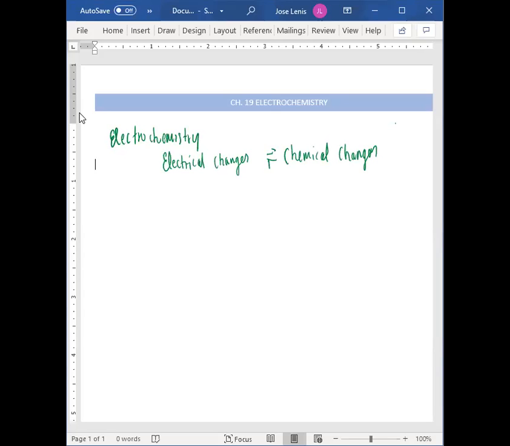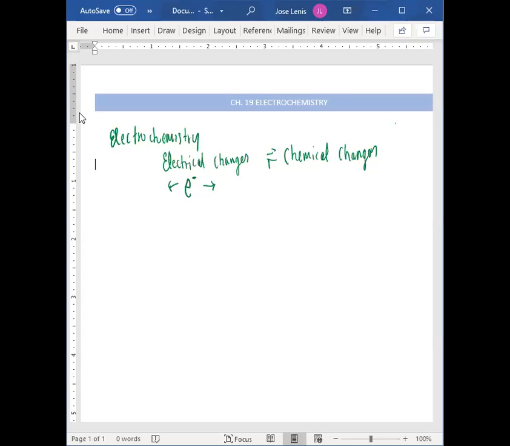For the electrical changes, we need to see a flow of electrons. Those little particles with negative charge. And this flow can occur when some type of chemical changes occur.